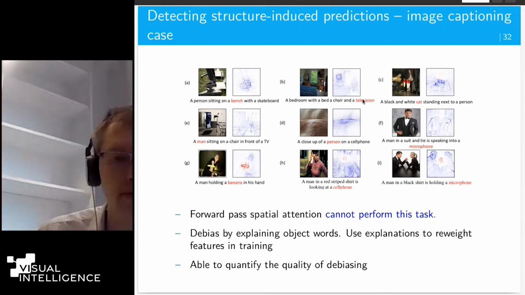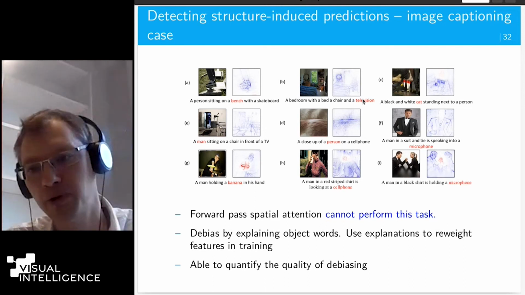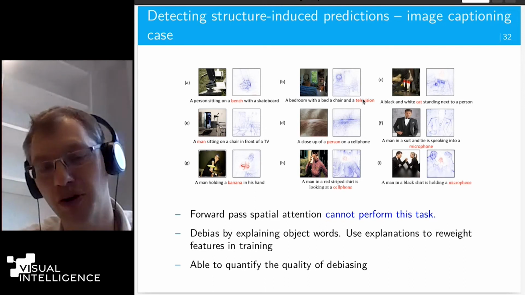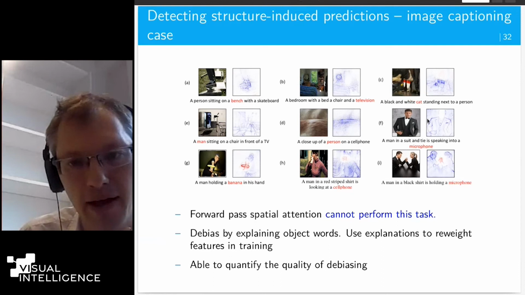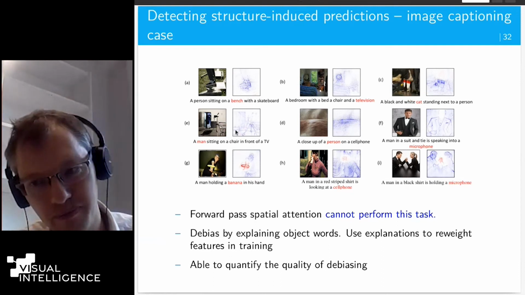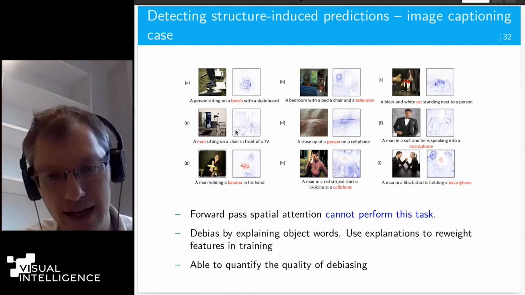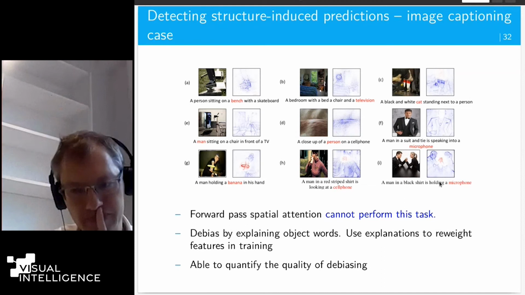It's different from grammar, right? Because it's not something that grammar you should have learned. But here you see examples in the first two rows that the neural network hallucinates object words because it has seen them as correlation in training data, but they're not supported at test time by the image content.